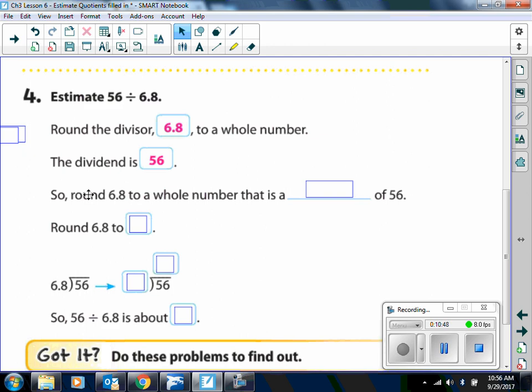So we want to round 6.8 to a whole number that is a factor of 56. So 6.8, we can round that to 7. Now when we divide, we have 56 divided by 7 is equal to 8. So 56 divided by 6.8 is about 8.